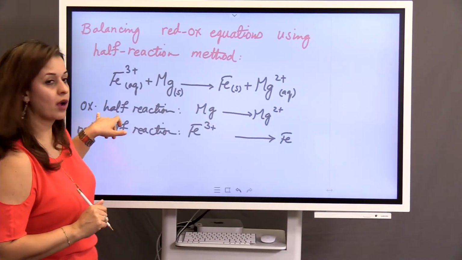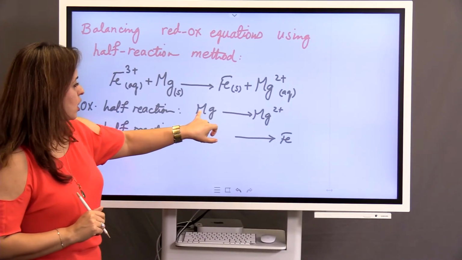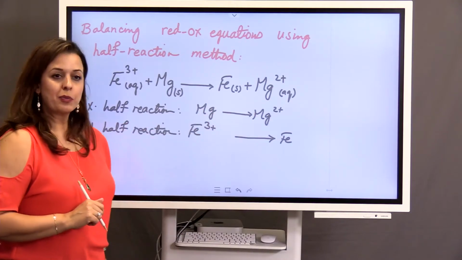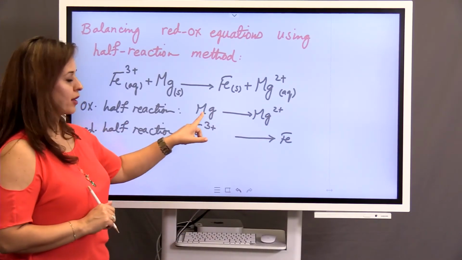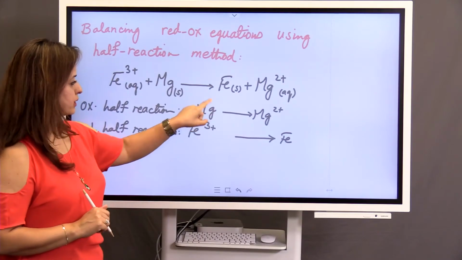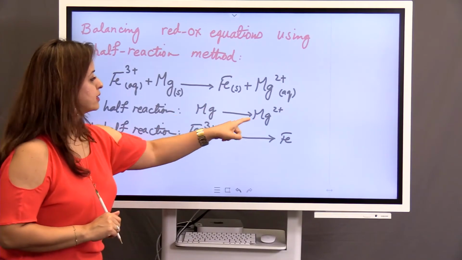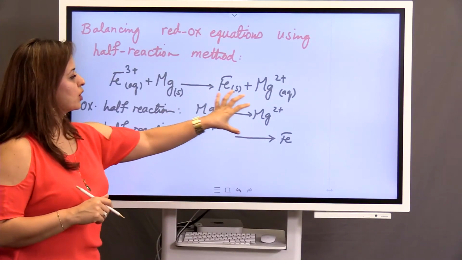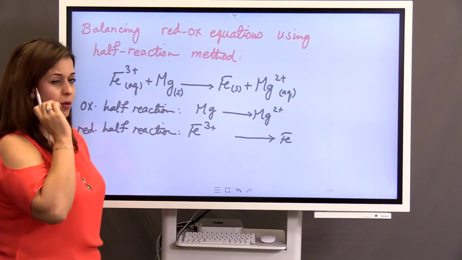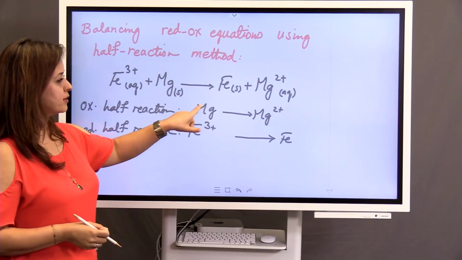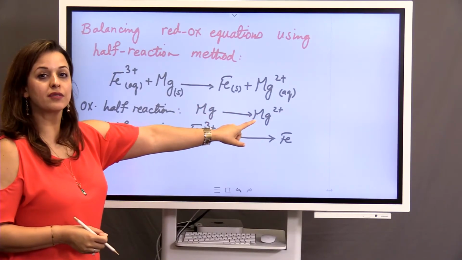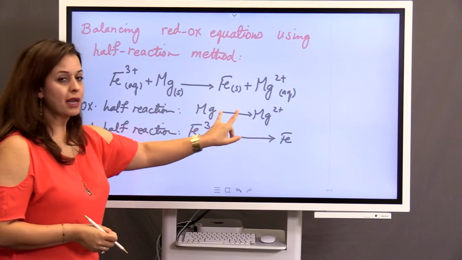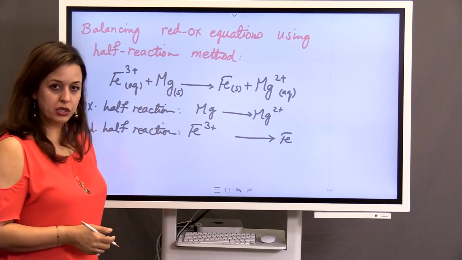So let's take care of the atoms first. And we start with the oxidation half reaction. Going from magnesium to magnesium ion. How many magnesium atoms do we have on the left? We all see one. And we see one on the right. So 1 and 1, there is no change in the number of atoms. But how about the charges? The charge here is 0 and here is +2. How can I balance it out? By using electrons.